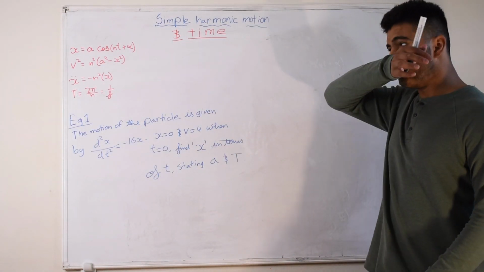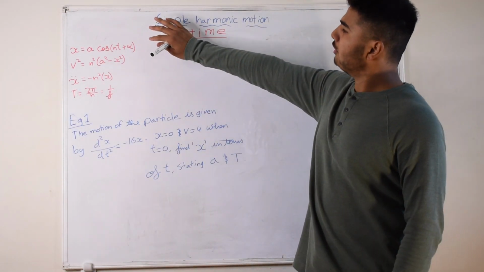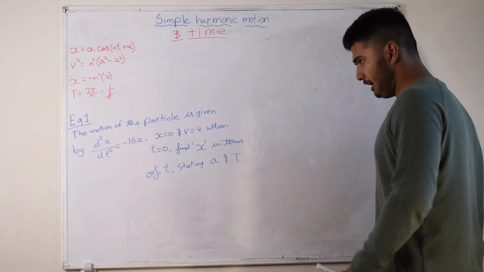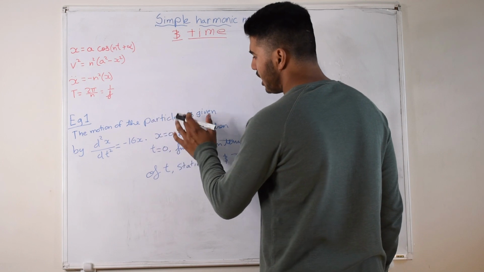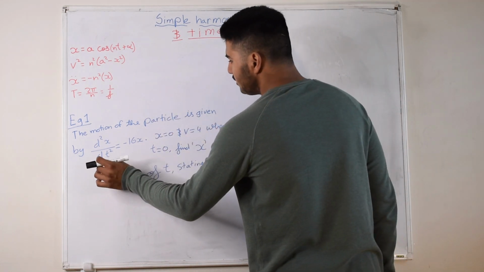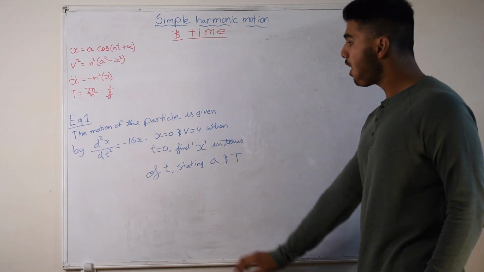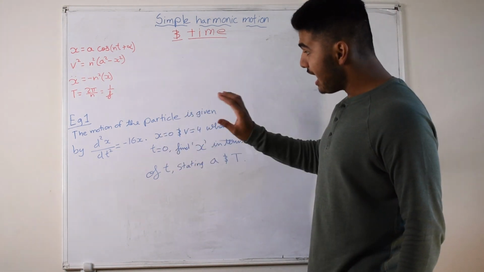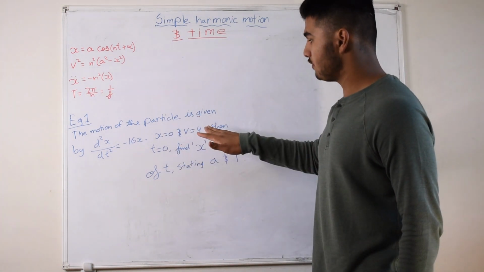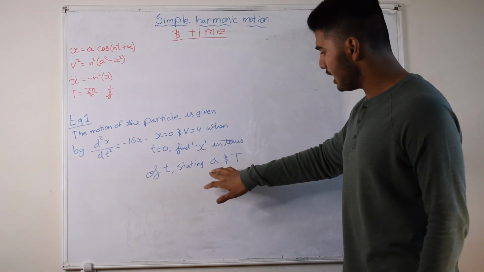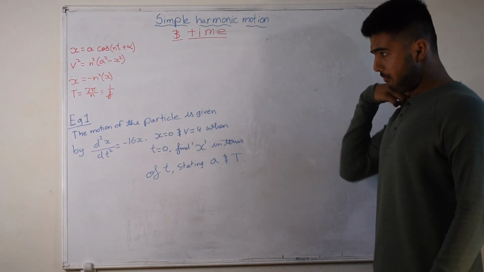Looking at this first example, we've written down all the important equations we're going to use in order to help this question. The motion of the particle is given by the acceleration, which is negative 16x, x equals 0 and v equals 4 when t equals 0. Find x in terms of t, stating amplitude and the period.